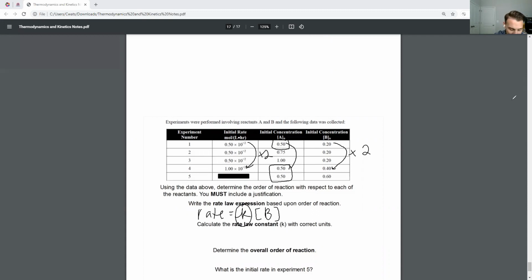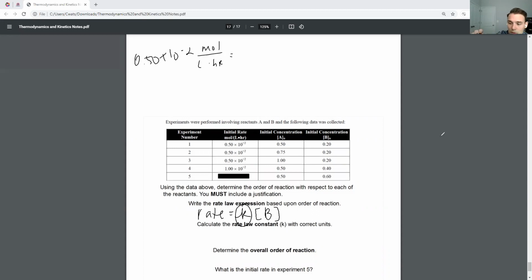Okay, so what I do is I literally just take the information from the first trial. It doesn't matter which trial you use, and plug it in. I know my rate is 0.50 times 10 to the negative second. Those units are moles per liter times hour.